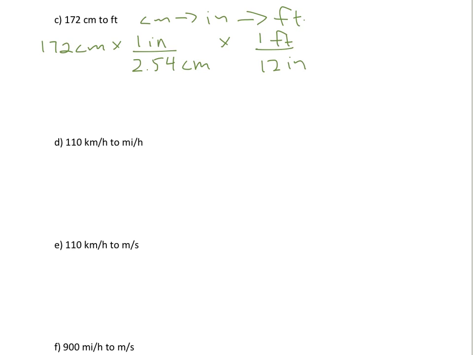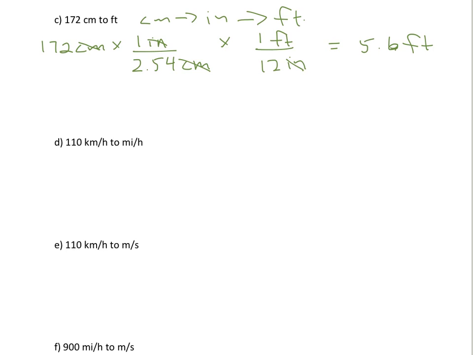Okay, notice that centimeters divided by centimeters is 1, inches divided by inches is 1. So now I can do 172 times 1 times 1, which I don't actually have to enter into the calculator. I can just do 172 and divide it by 2.54 and then divide by 12, and I end up with 5.6 feet, because feet are the units that are left.